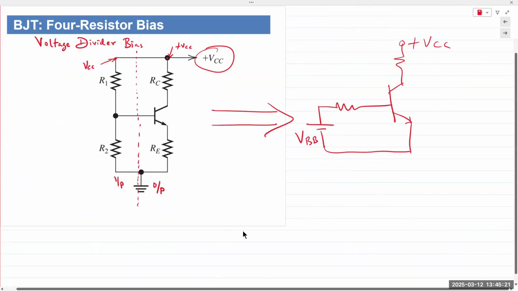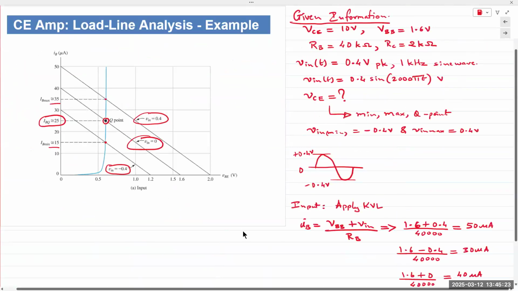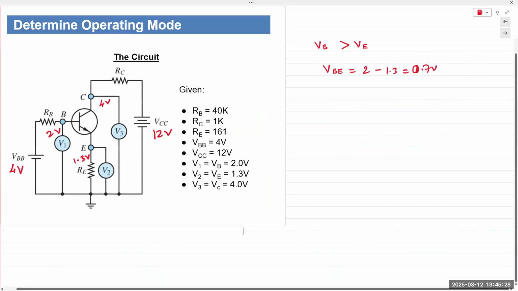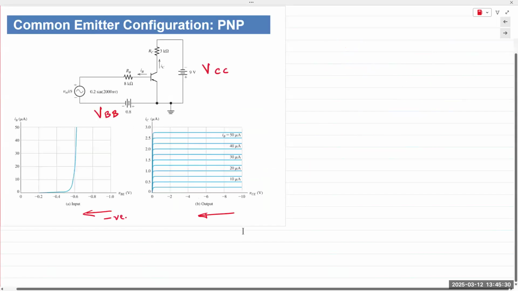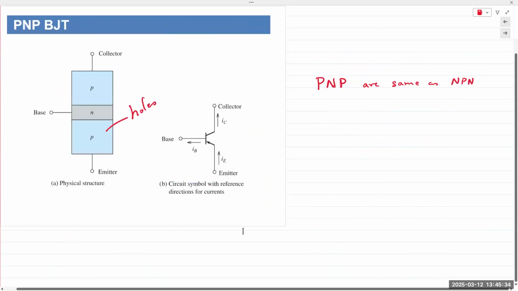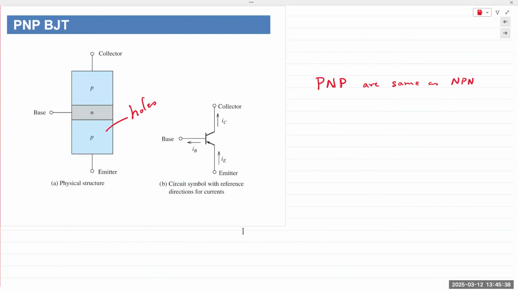Also keep in mind, for PNP transistors, everything is the same as it is for NPN, except the holes and the electrons are switched, right? Holes and electrons are switched. So the voltage polarities are flipped and the current directions are reversed. In an NPN transistor, current comes out of the emitter like this, hence the arrow points out.